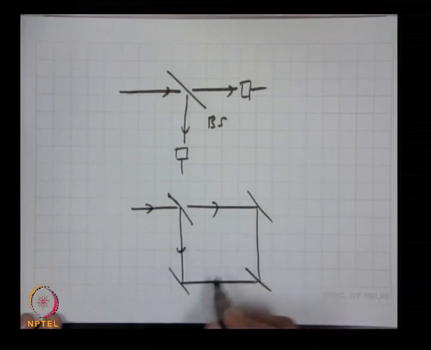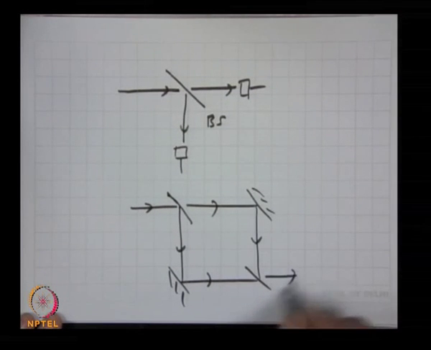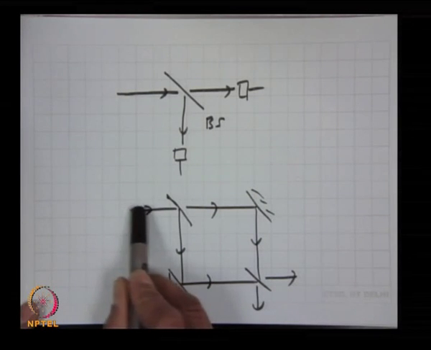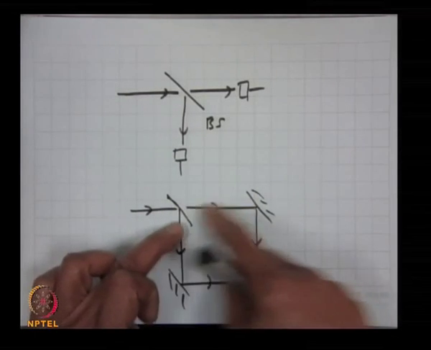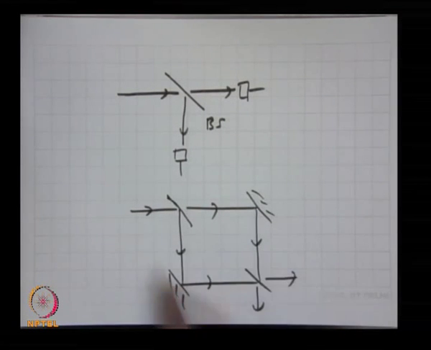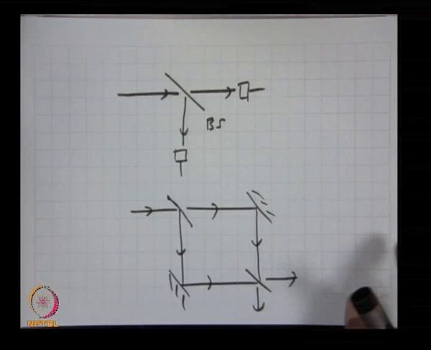I continue and put two mirrors and bring the beams back into another beam splitter. What is this? An interferometer. Normally, classically, light waves come from here, split into two parts, go through different arms, and come back, and depending on the path difference between the two arms, you will have constructive and destructive interference.